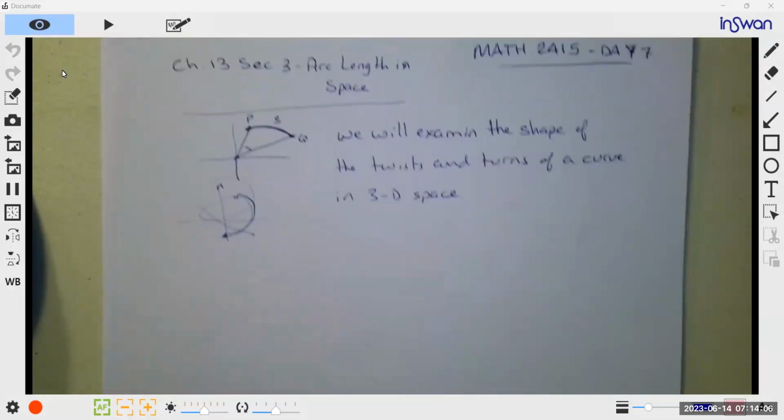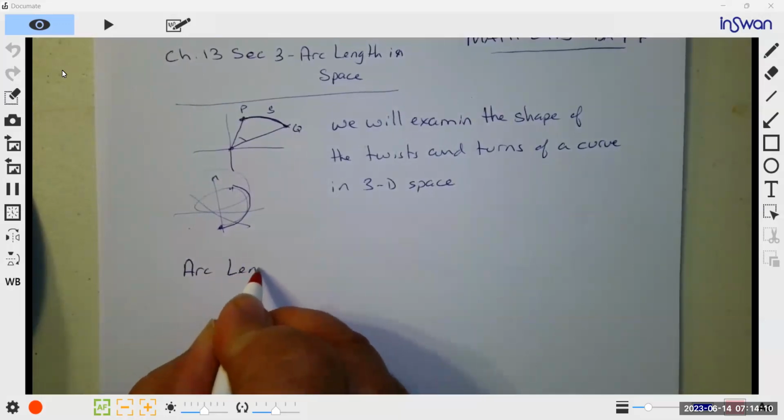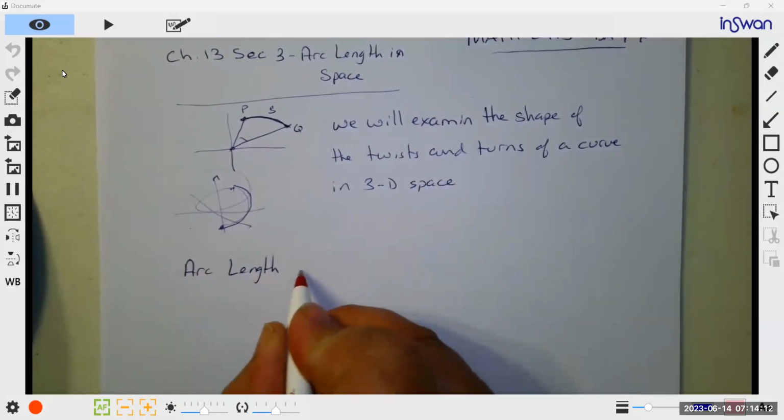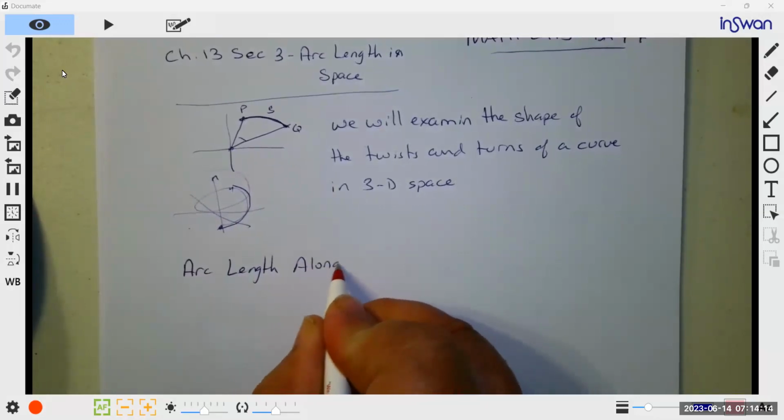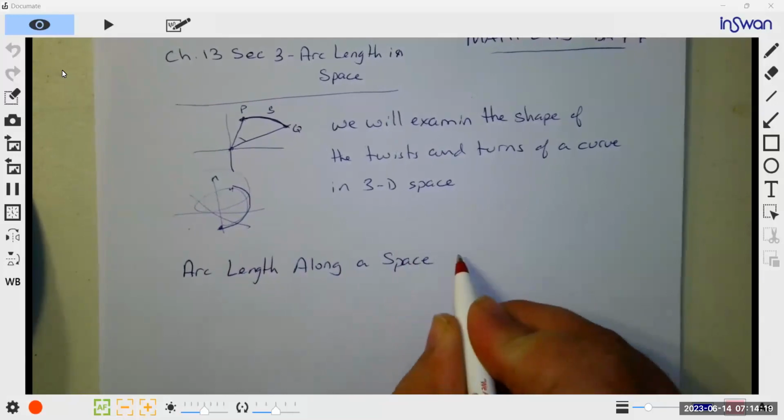So the first thing we're going to look at is arc length along a space curve.